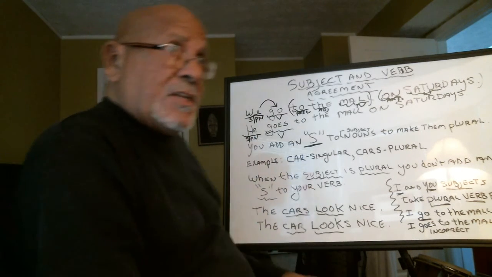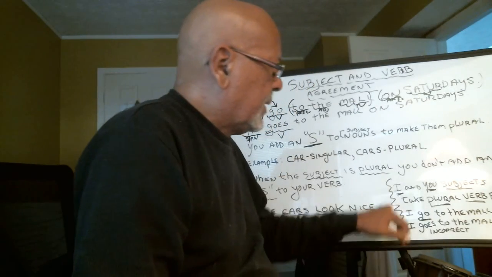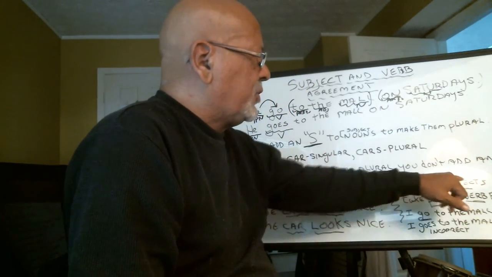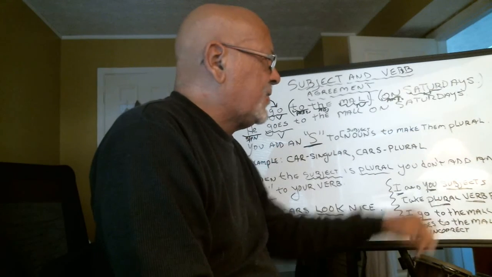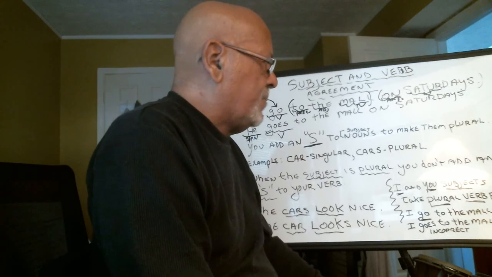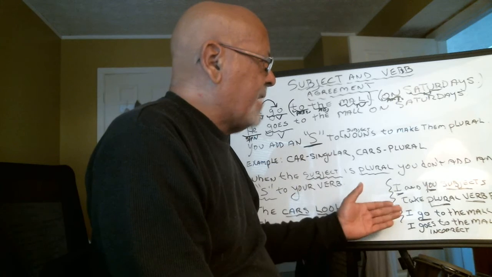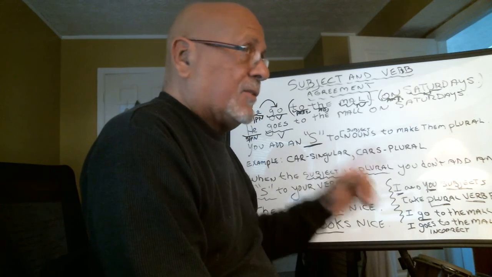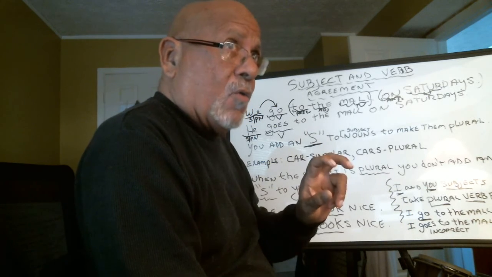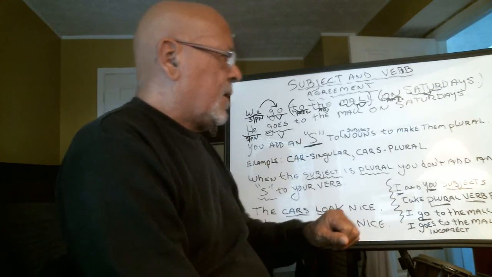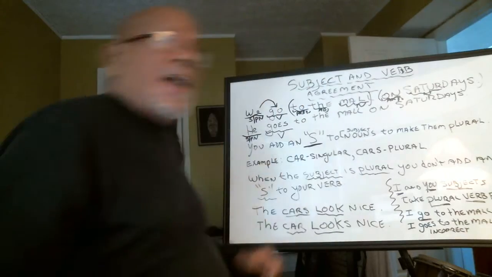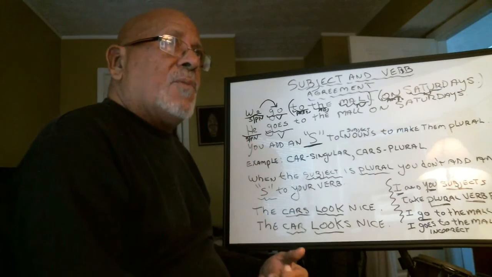The exception to the rule. I and you subjects. When I and you are the subjects, they take the plural verb form. An example, I, singular, go, plural, to the mall. You would not say I goes to the mall.